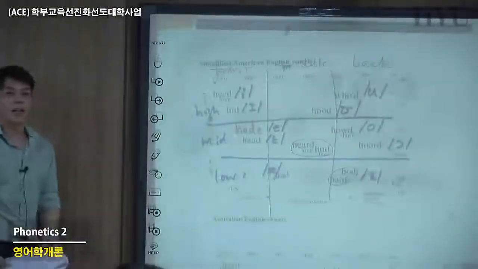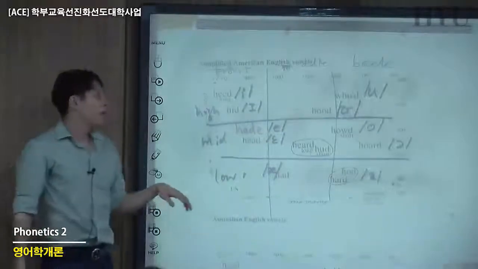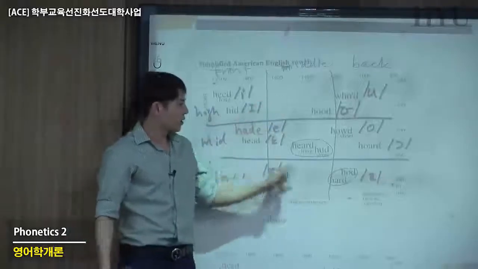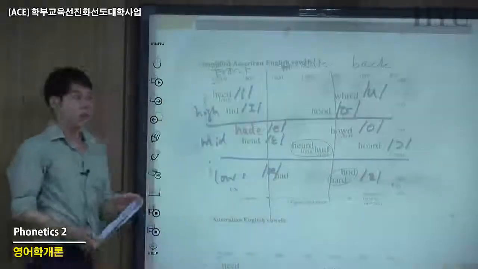Front, middle, back, like that, okay? There are three parts of the tongue. So you have 9 cells, 1, 2, 3, 4, 5, 6, 7, 8, 9, 9 cells or so, right?